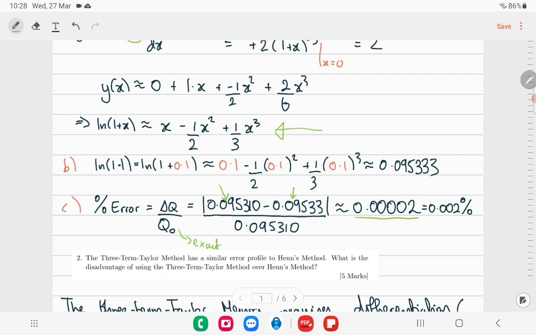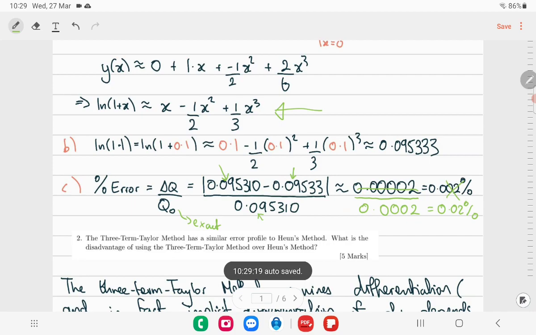Actually, I think there's a little mistake here which we can correct. I probably forgot this 0, as my guess, but this is 0.30123, which is 0.02%. So that was wrong. Okay, so that's that.